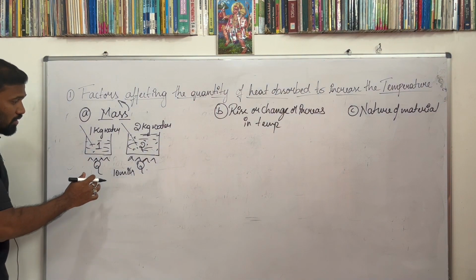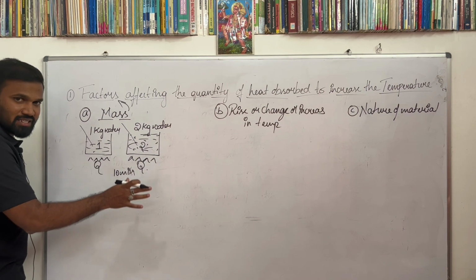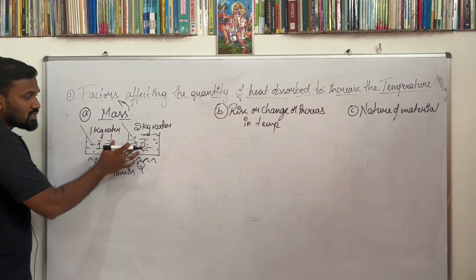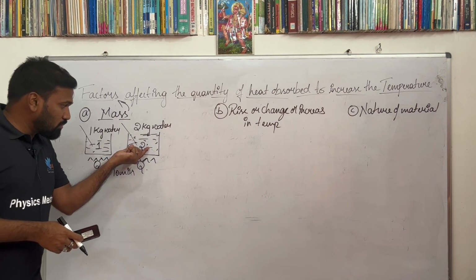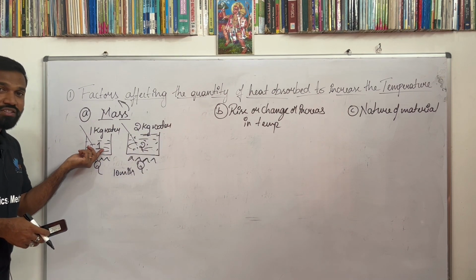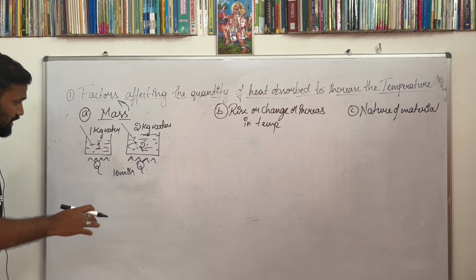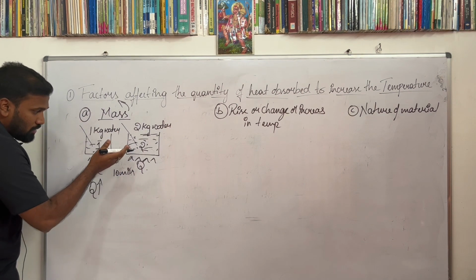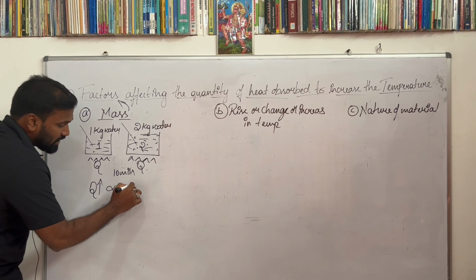Why? Because in both cases the amount of heat energy given is the same. The same amount of heat energy we have given, but since the mass here is less and the mass there is more, the heat energy absorbed per unit mass is less for the larger mass. So to raise the temperature of any quantity of a substance, the amount of heat energy depends directly on the mass.